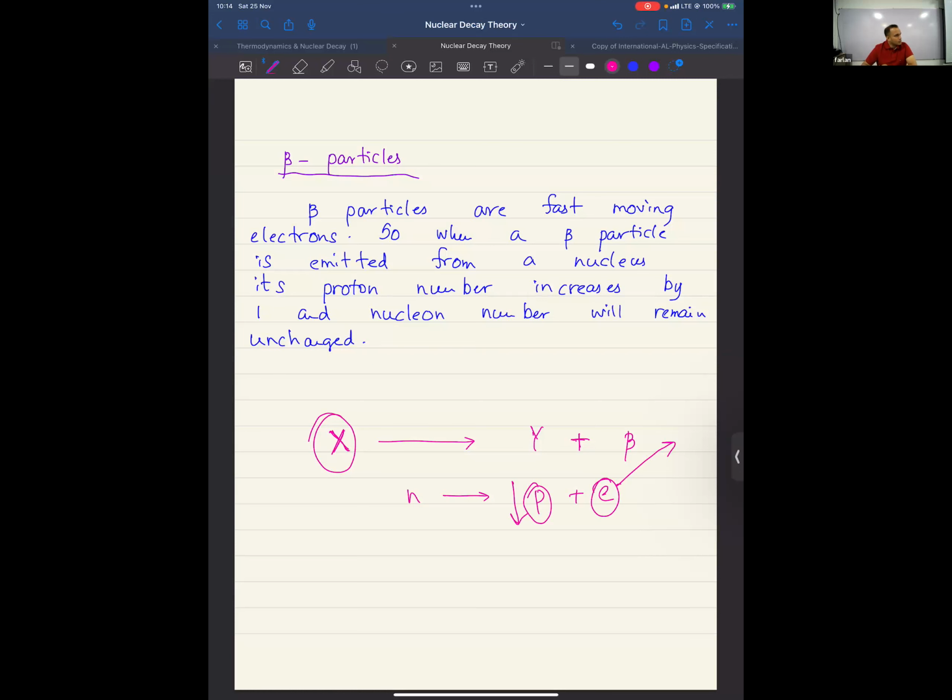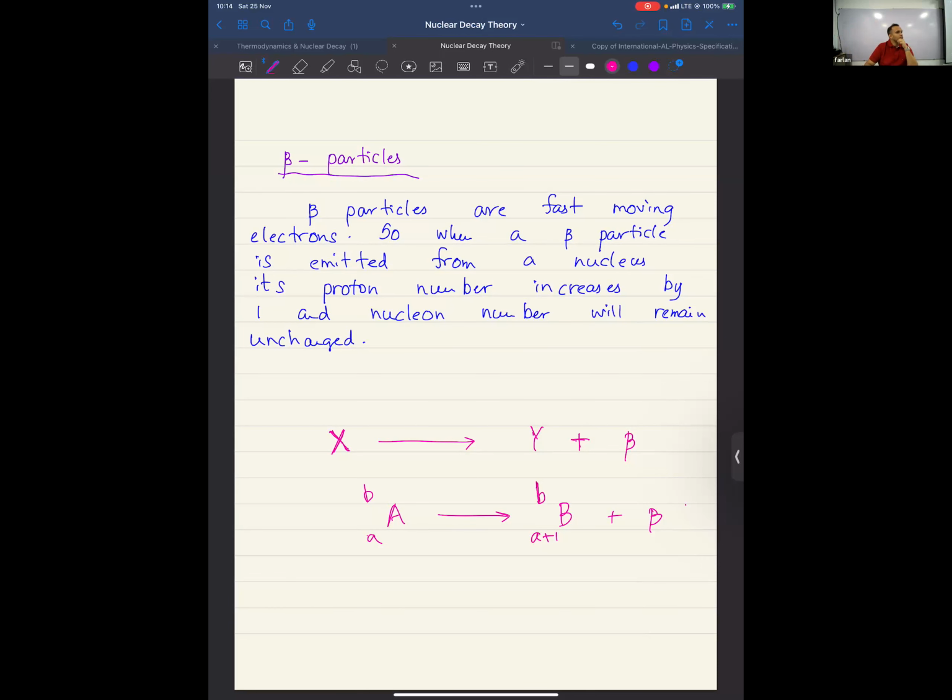Okay. So for example, let's say you take a nucleus with proton number A and nucleon number B. It emits a beta particle and becomes another nucleus. The number of protons will increase by 1. Why? A neutron converts to a proton and an electron. But the nucleon number will remain unchanged.